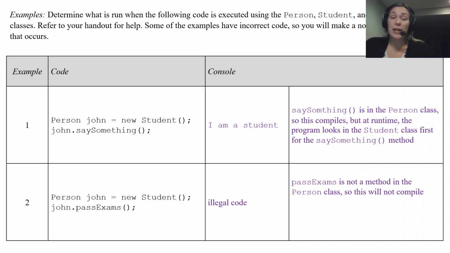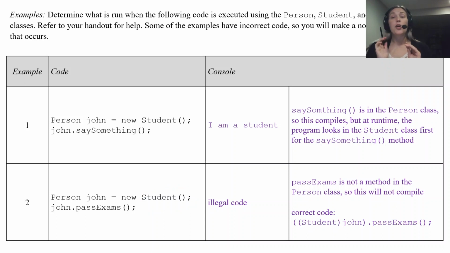Now, if we wanted John to pass exams, because John is created as a student, which means he has an age and he has a grade level, he can pass exams. PassExams increases his grade level. He's able to do that, but how can we run it? In this case, this is where downcasting comes in.